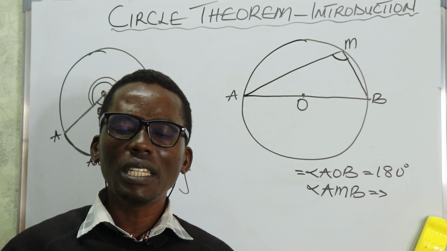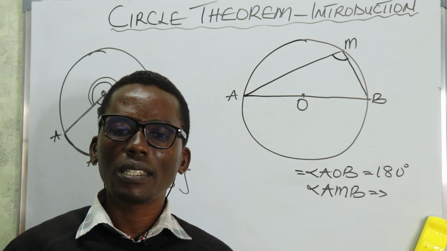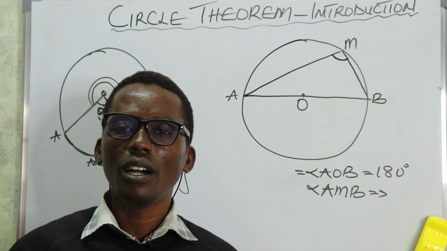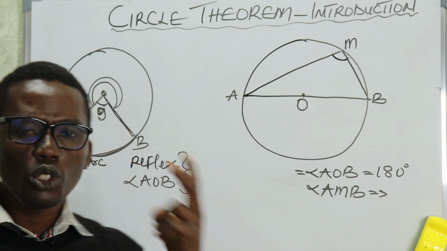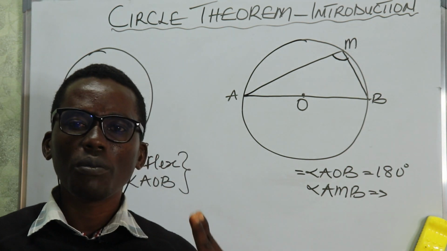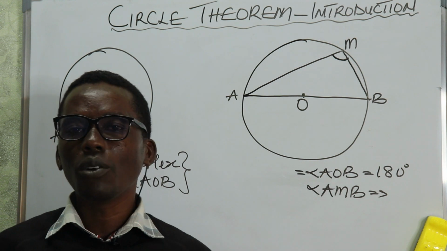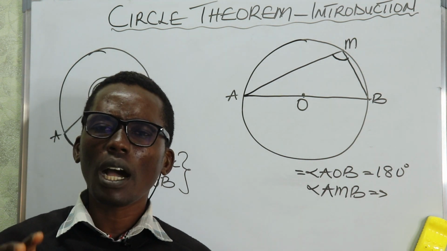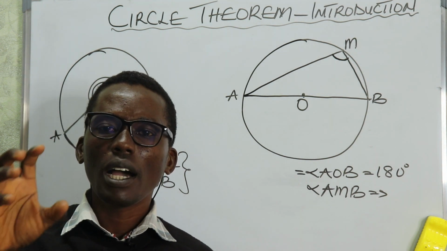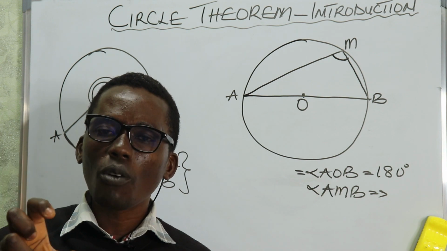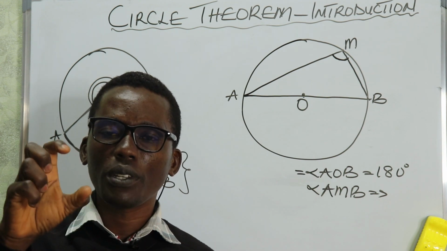First of all, we've seen how a chord sustains an angle at the center of a circle. It produces two angles, one the reflex angle and the other one the angle X. We've also seen how a chord sustains an angle at the circumference of a circle.